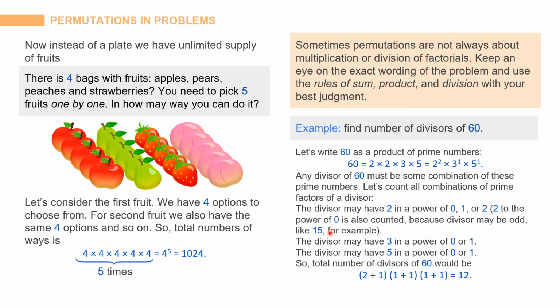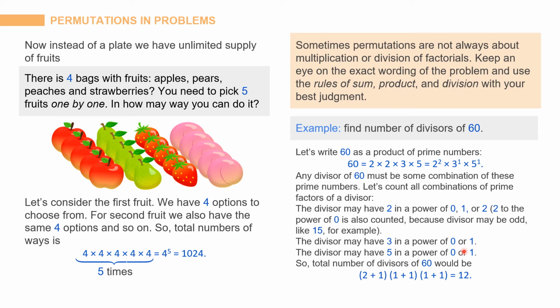So 15, for example, 3 times 5, is a factor of 60 that uses no powers of 2. A divisor may have either 0 or 1 factors of 3, and similarly, it could have 0 or 1 factors of 5. So hopefully you see that now we've turned this into a combinatorics problem.